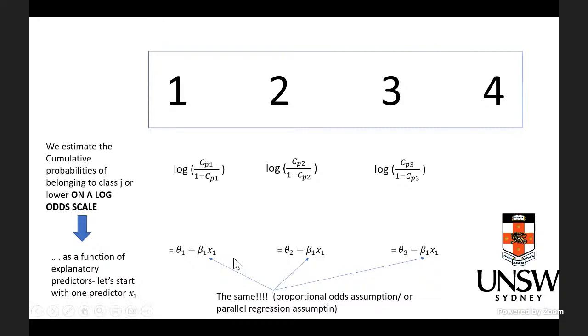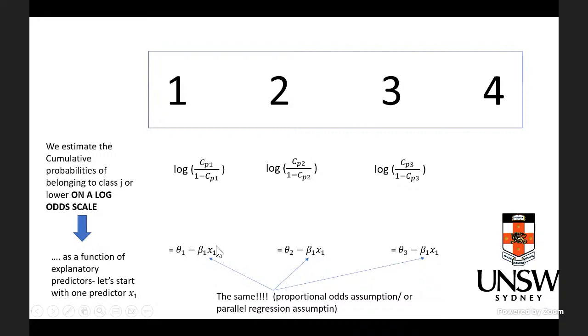It's called the proportional odds assumption, and I've also seen it called the parallel regression assumption. The reason this assumption is important is that it allows you to have a single effect of your predictor on your response variable.